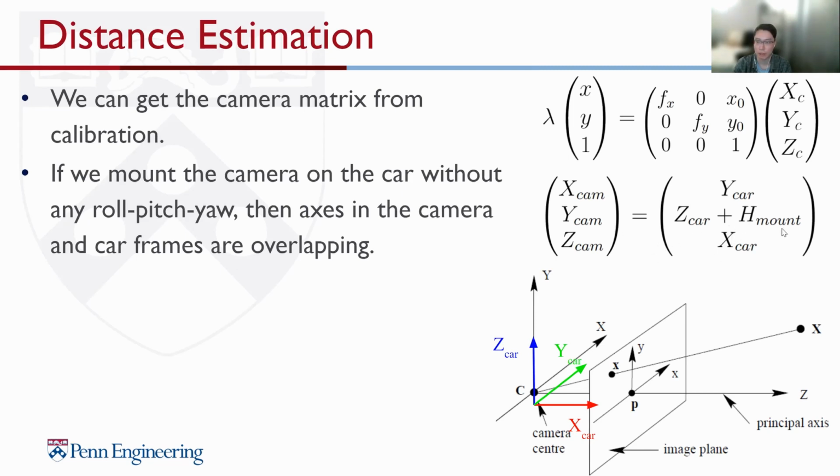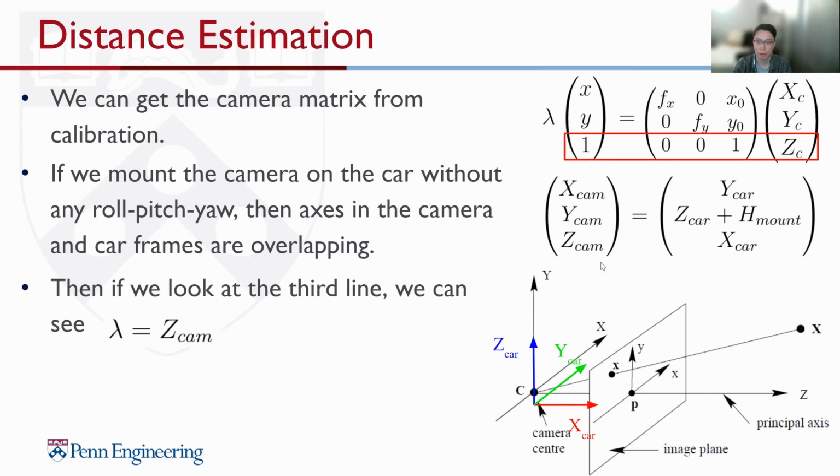Of course, we would have a mounting height of the camera. The camera is not mounted on the floor, right? It has to have some mounting height. So this term we can put there. Be sure to use the correct orientations. As you can see over here, the optical axis is actually the Z axis in the camera frame, but to the car, the front is the X axis.